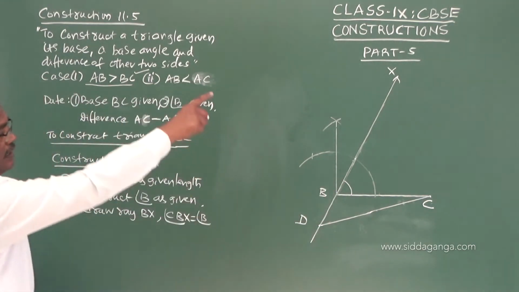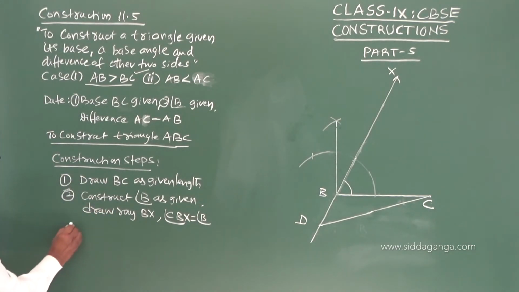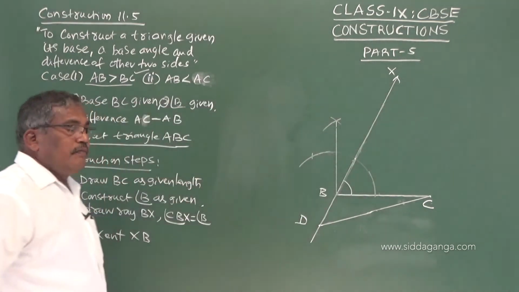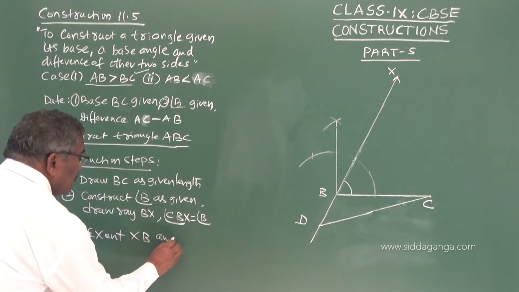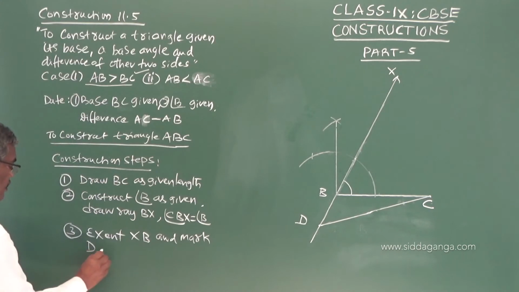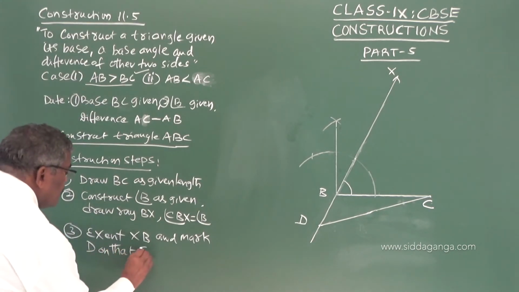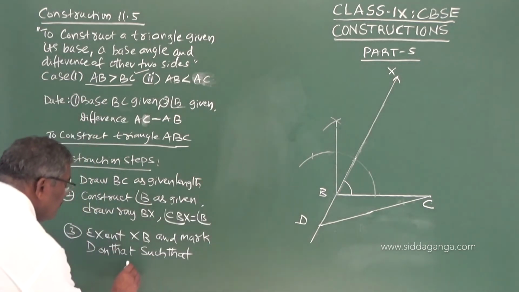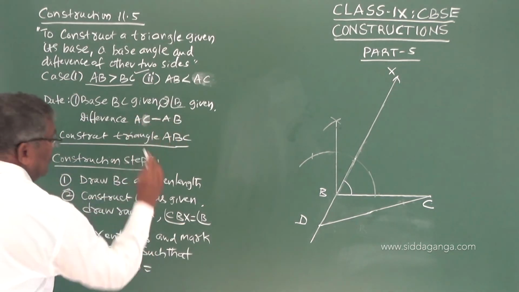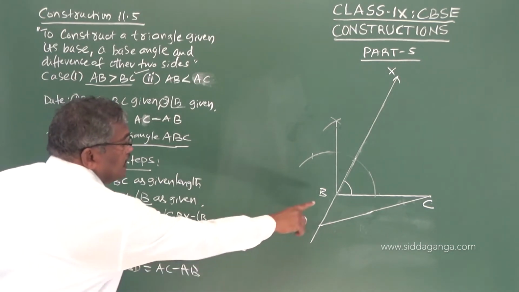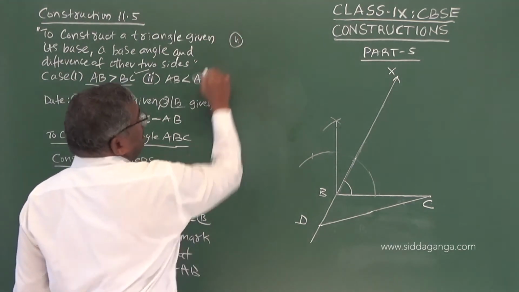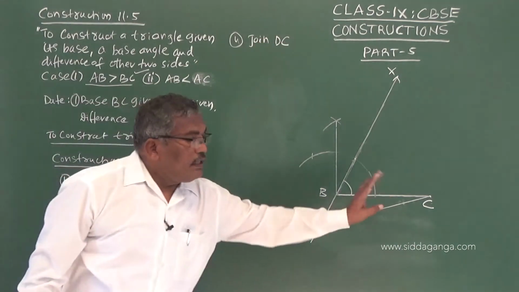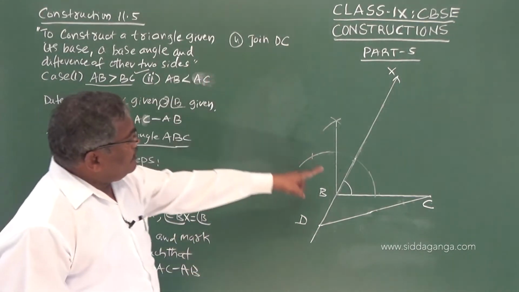Next, extend XB in the reverse direction and mark D on it such that BD equals AC minus AB, so we use the difference of two sides here. Fourth, join DC. So these are the four steps up to this.